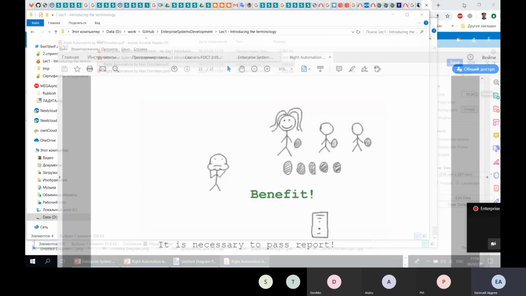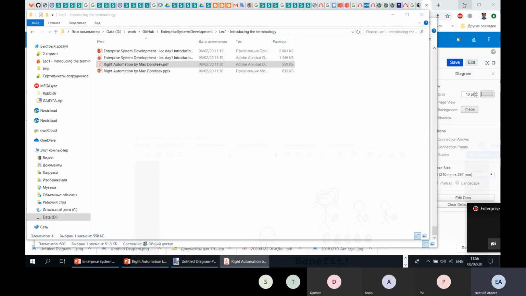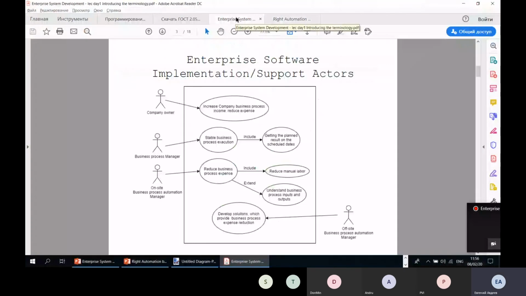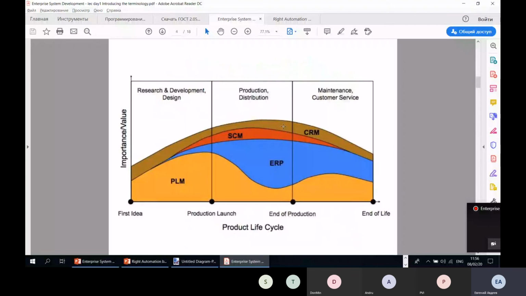Next, let's talk about different types of enterprise system. So here's an example of the so-called PLM, Product Lifecycle Management System.